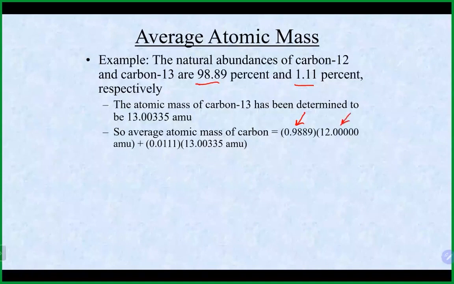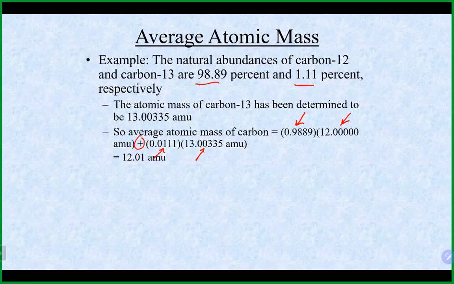We then add it to the percentage of the carbon-13 isotope, which is the 1.1% converted into a decimal, times the atomic mass of our carbon-13. And if we do that, we will get something like 12.01 AMU, which is what we do see underneath carbon. It's really a combination of both the carbon-12 isotope and the carbon-13 isotope's mass, and we use that average mass of both of those as the atomic mass for carbon.